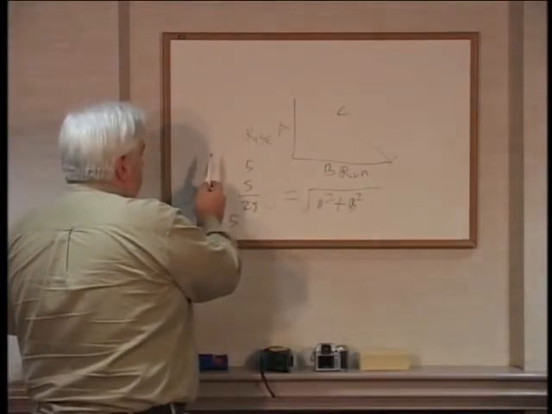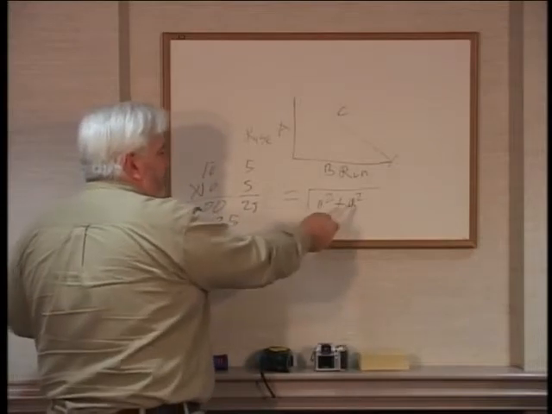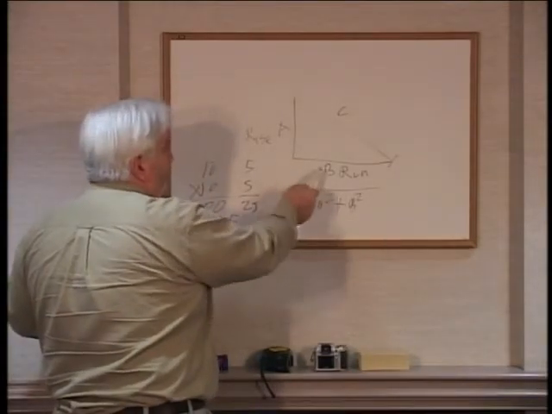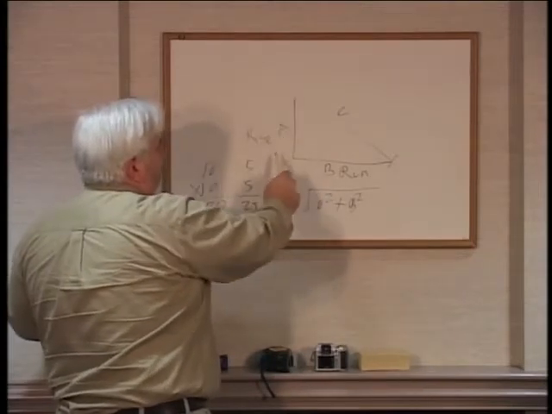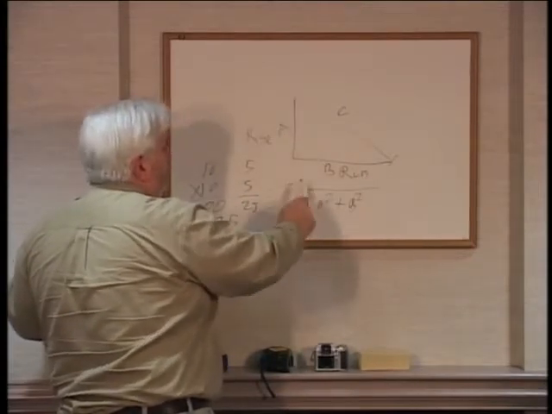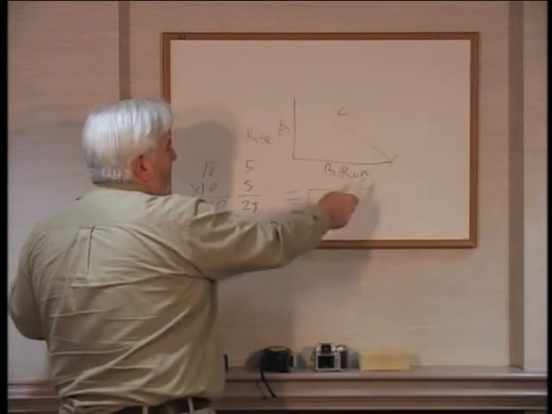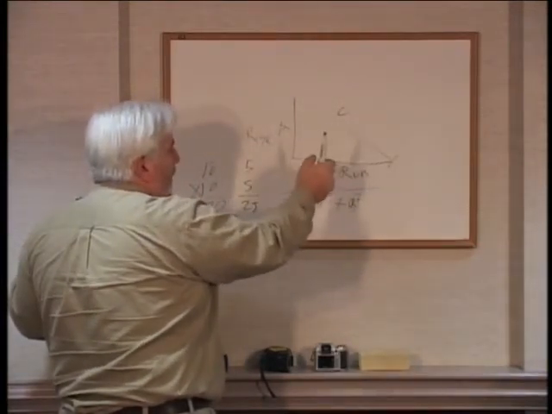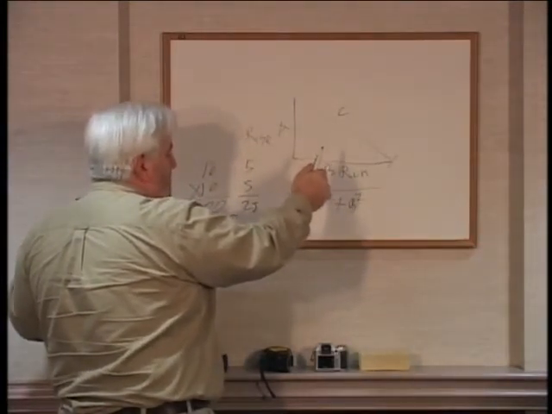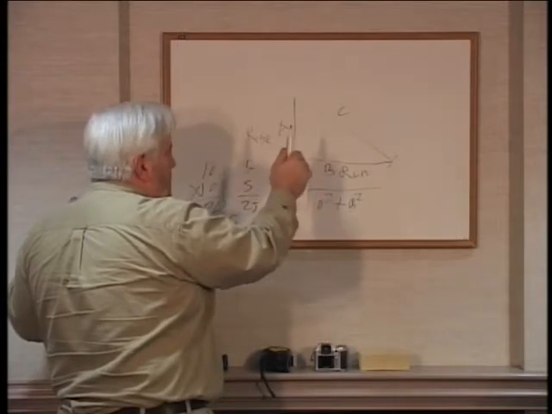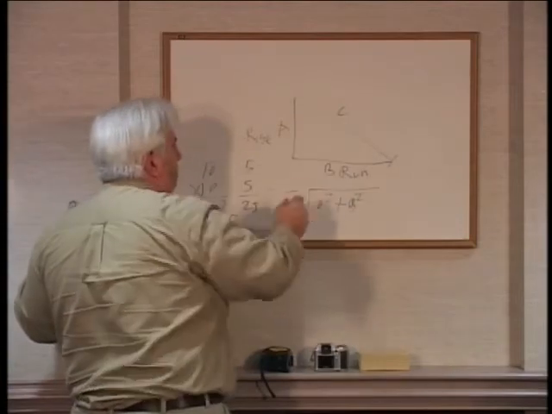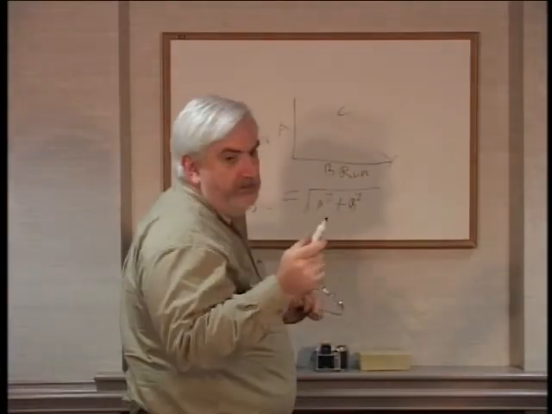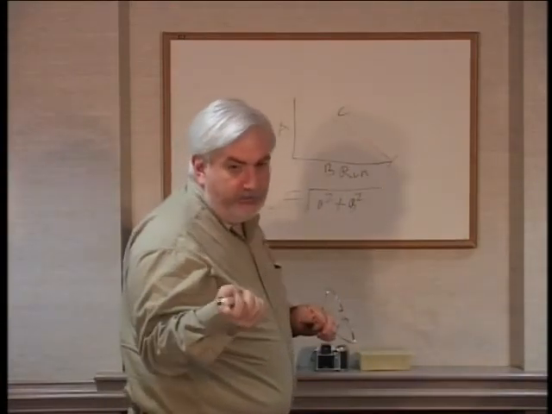Squaring A is timesing it times itself. Squaring B is squaring B times itself. So you're squaring the rise, squaring the run, adding them together, and then taking the square root using the square root key. That gives you C. Now you have one of the measurements to do the roof, to do a slope.